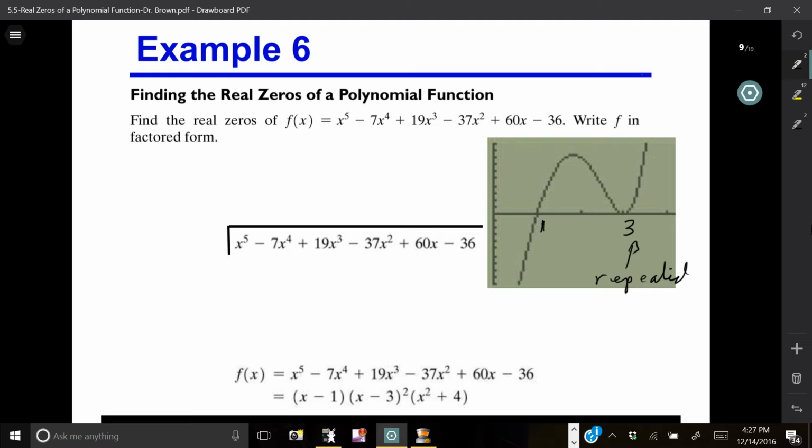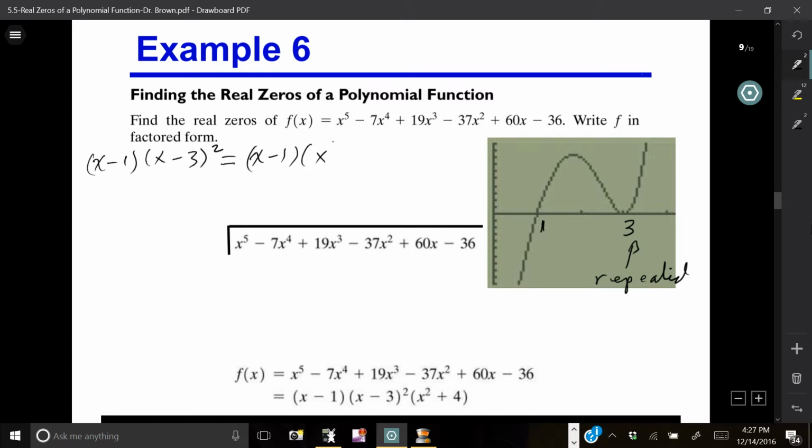So now let's look at x minus 1 times x minus 3 squared, which must be a factor of the original equation. And if we multiply this out, we get x minus 1 times x squared minus 6x plus 9.